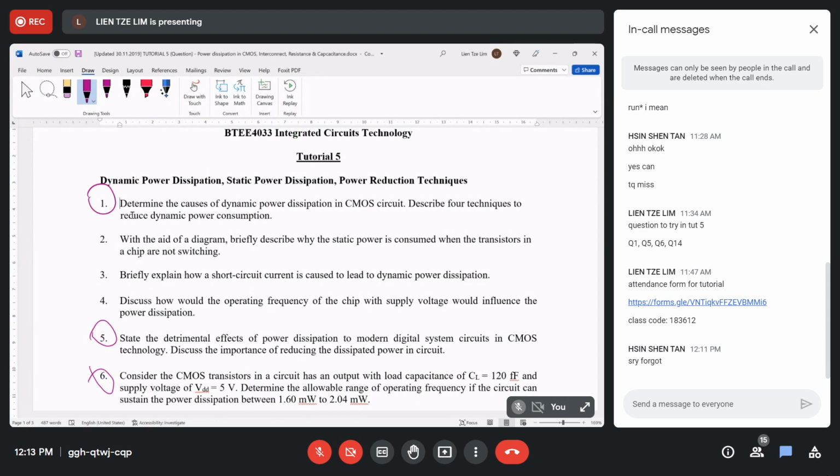So what is dynamic power dissipation, and what are the causes of this type of power dissipation? Can any one of you give me your answer? The answer you can find from the lecture notes.